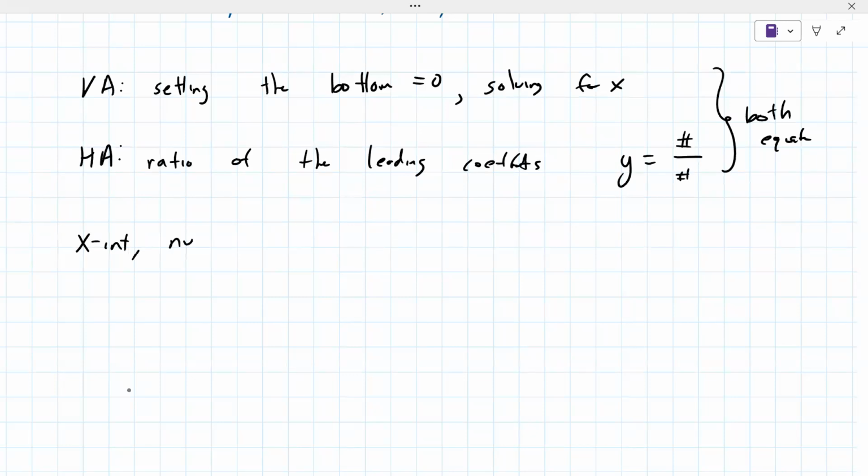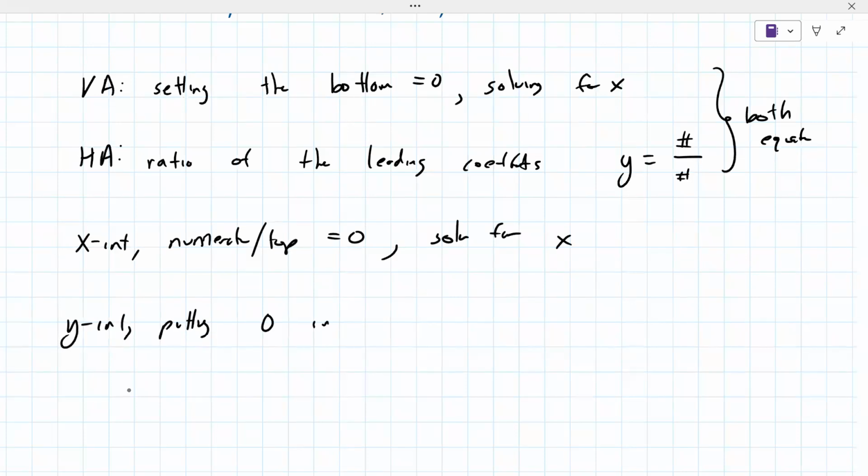X-intercept: numerator, top, whatever you prefer, top equal to 0, solve for x. Y-intercept: putting 0 in for x. These are always ordered pairs.